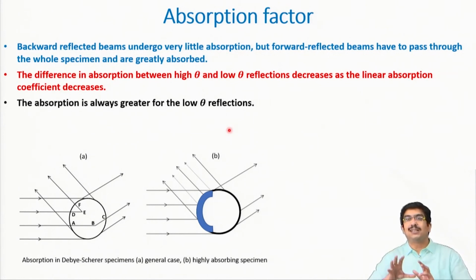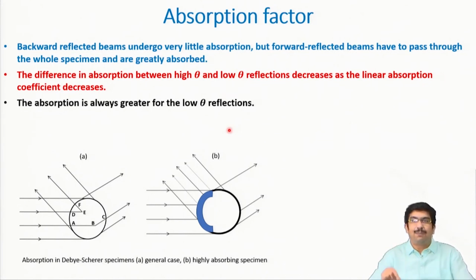If we imagine a lighter element which does not have much of a linear absorption coefficient, true absorption is lower. So with a decrease in linear absorption coefficient, the overall absorption factor will decrease, and the difference in absorption between a high 2 theta peak and a low 2 theta peak will also decrease.